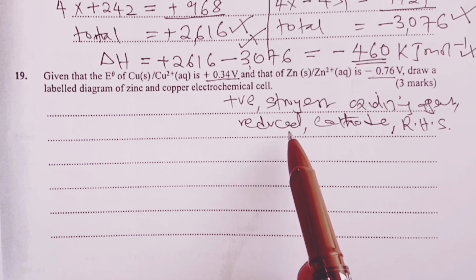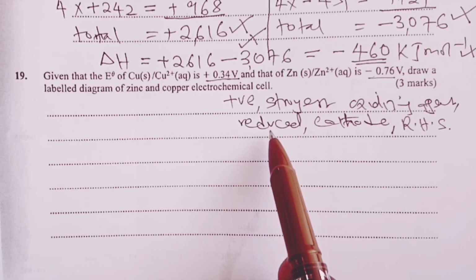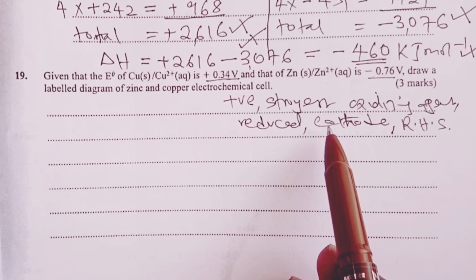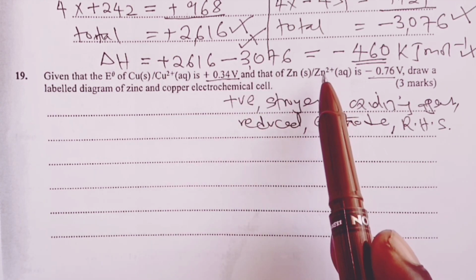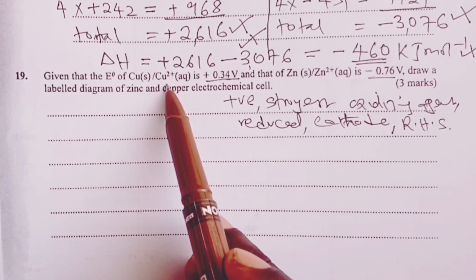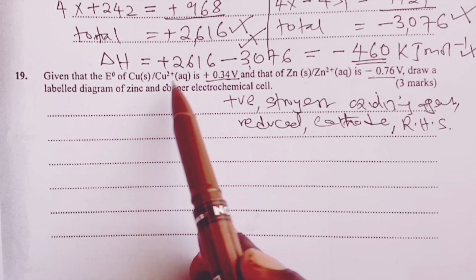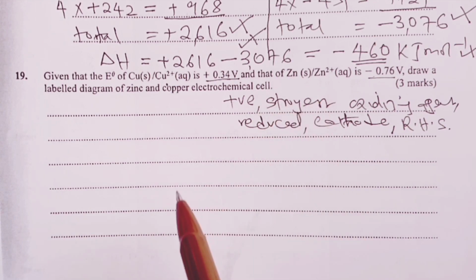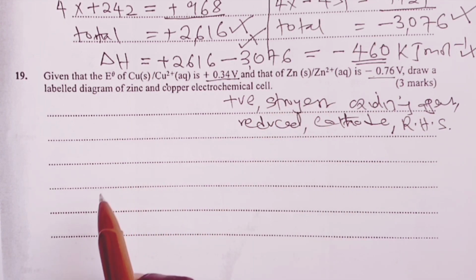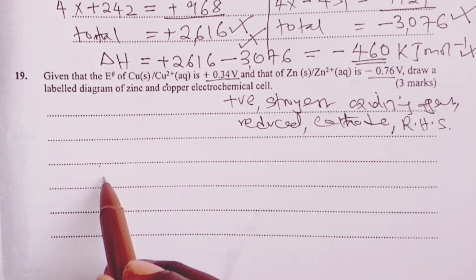So, for purposes of complying with this rule, as we draw the two, copper will have to be on the right hand side. That means we begin with the zinc half cell on the left. So our diagram would look like this. We draw the electrode.